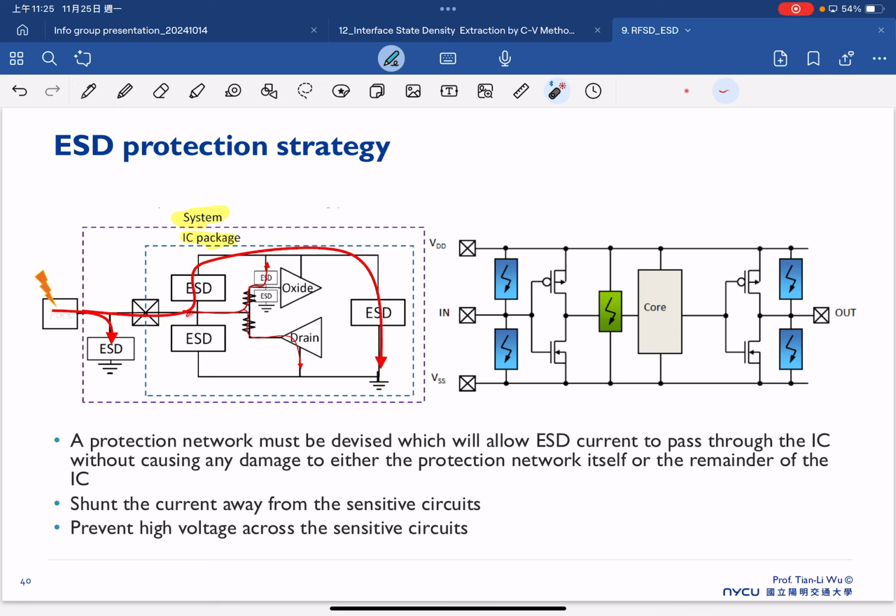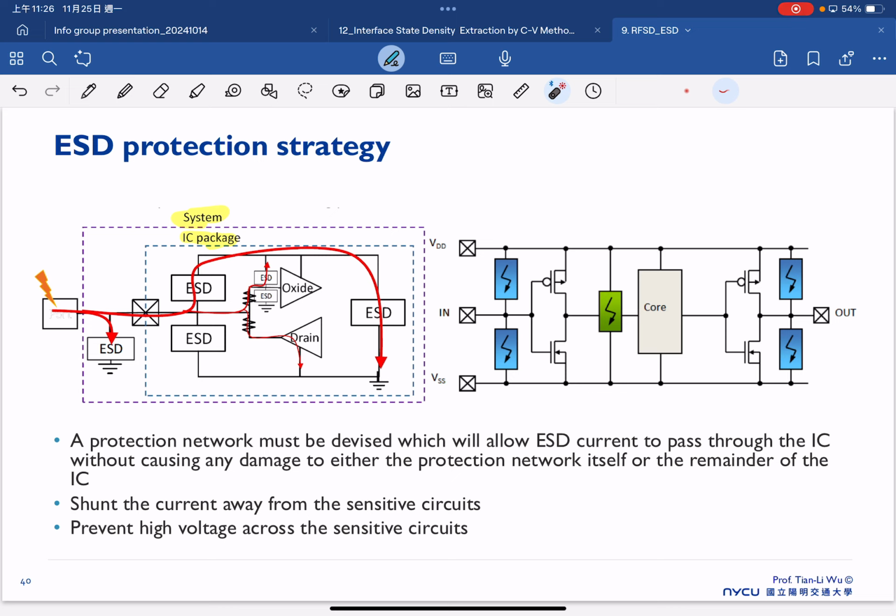But still, part of it can get into our core chip, which is mainly our CMOS transistor. So we still need another ESD protection to make sure the stress voltage and current won't damage our gate oxide. So this is the complete network for the ESD protection strategy.